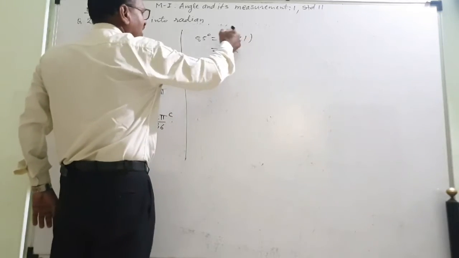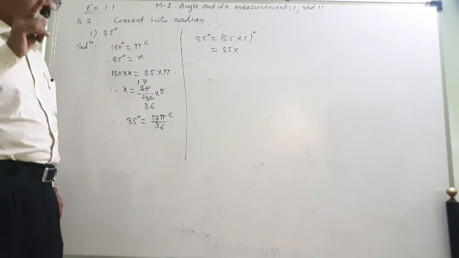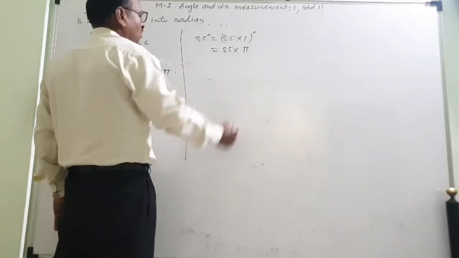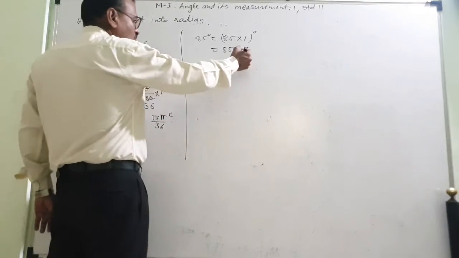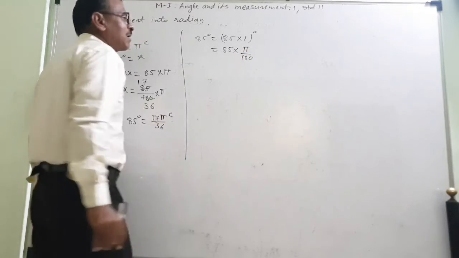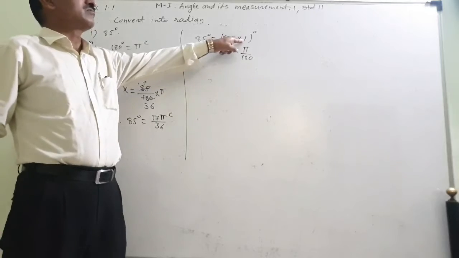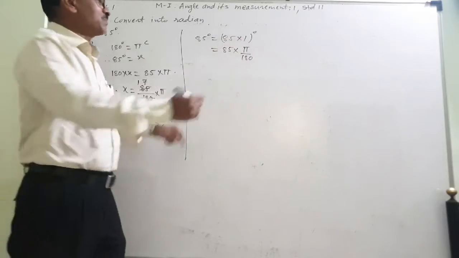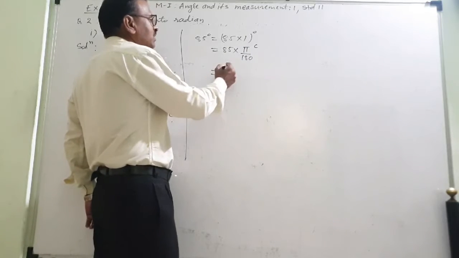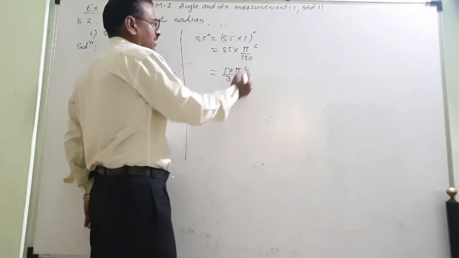This is all in degree, I have to convert into radian. For radian it requires pi. So to cancel this I will write pi upon 180. Why? Pi means 180, 180 upon 180 is again 1. But due to this pi, it will become radian, and that is equal to 17 pi by 36 radian.